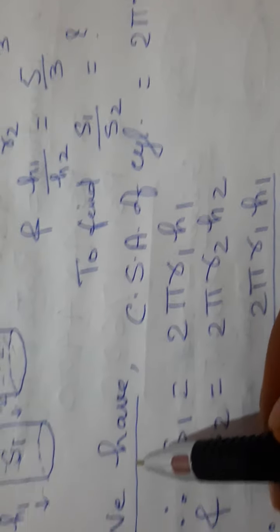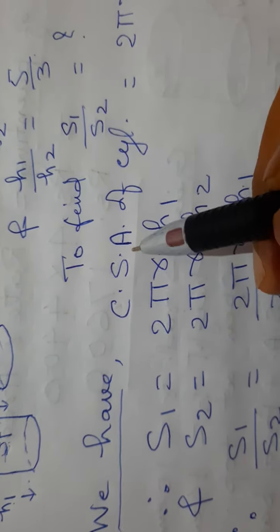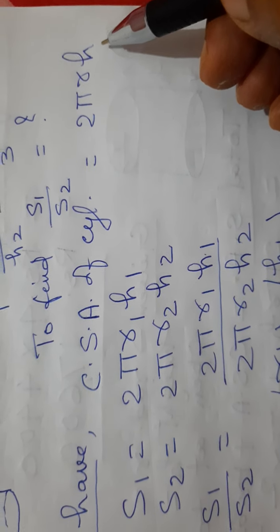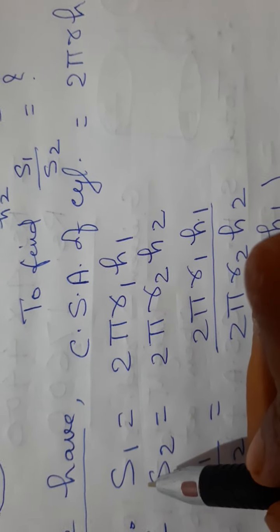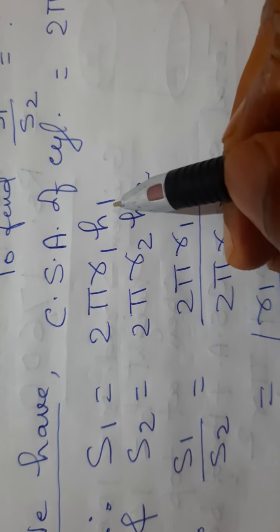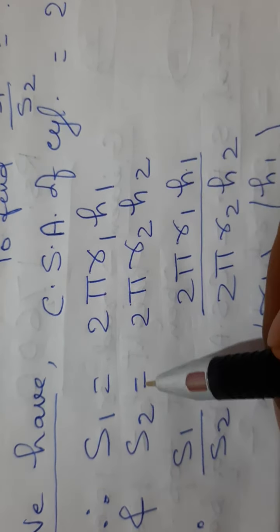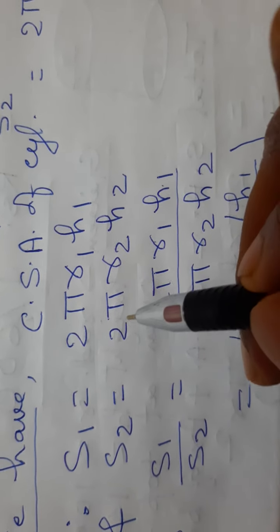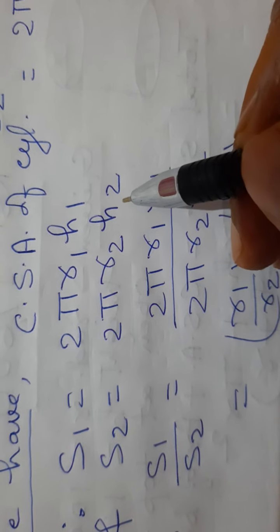So we have, curved surface area of a cylinder is equal to 2 pi RH. Therefore, curved surface area of first cylinder S1 is equal to 2 pi R1 into H1, and curved surface area of second cylinder S2 is equal to 2 pi R2 into H2.